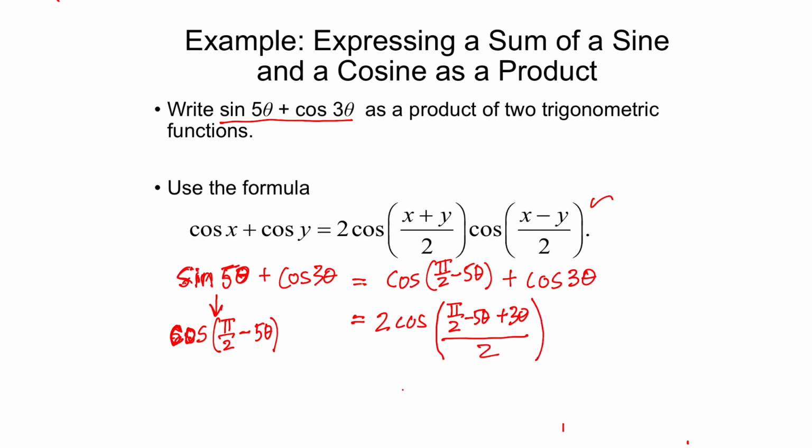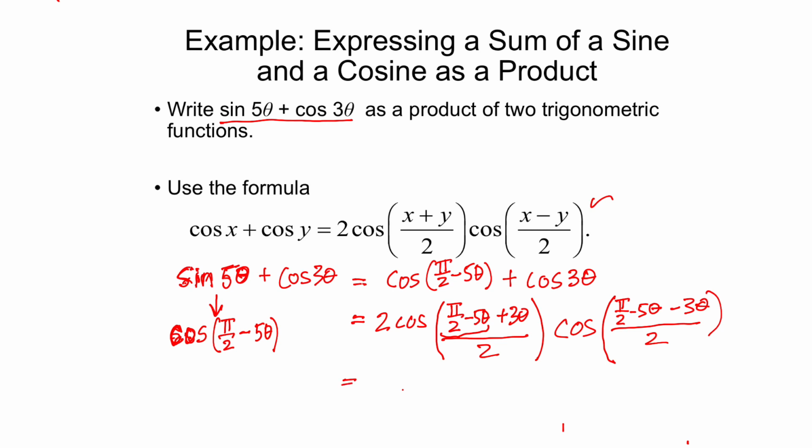So here this is the first angle value, pi over 2 minus 5 theta. Then we add it to the y, which was the 3 theta. And now we multiply that by the cosine of the difference of those. So (pi over 2 minus 5 theta minus 3 theta) all over 2.